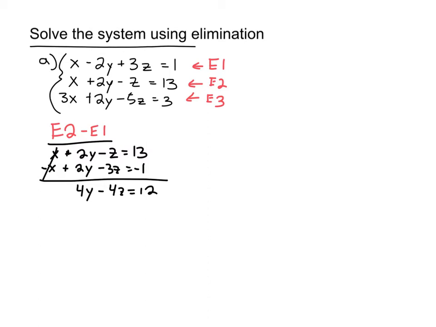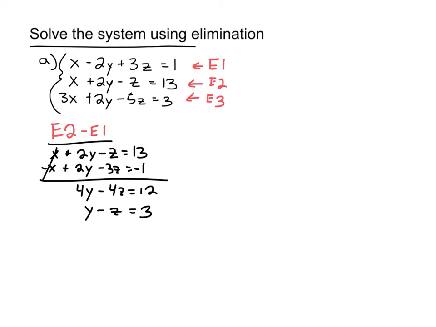I need this to also have a leading 1 in front of the y. Remember, we should have a leading 1. So now we only have y and z, which is great, but I need that 4 not to be there. So I'm going to divide everything by 4 to get y by itself. So this will just be z, and then 12 divided by 4 is 3.